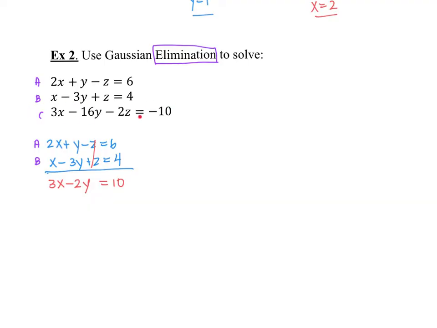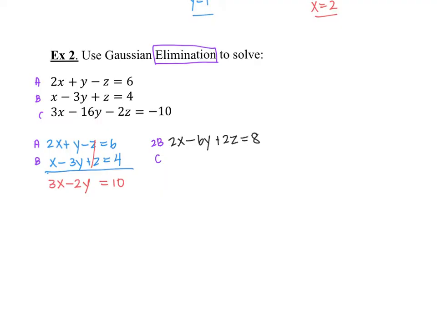If I look at equation C, I want to cancel the negative 2z's. I can use equation A or equation B to cancel the 2z's. I think I'm going to use equation B because I can multiply equation B by 2 to cancel out the z's. So I'm going to make a note: multiply equation B by 2, and then write equation C. If I multiply equation B by 2, I get 2x minus 6y plus 2z equals 8.